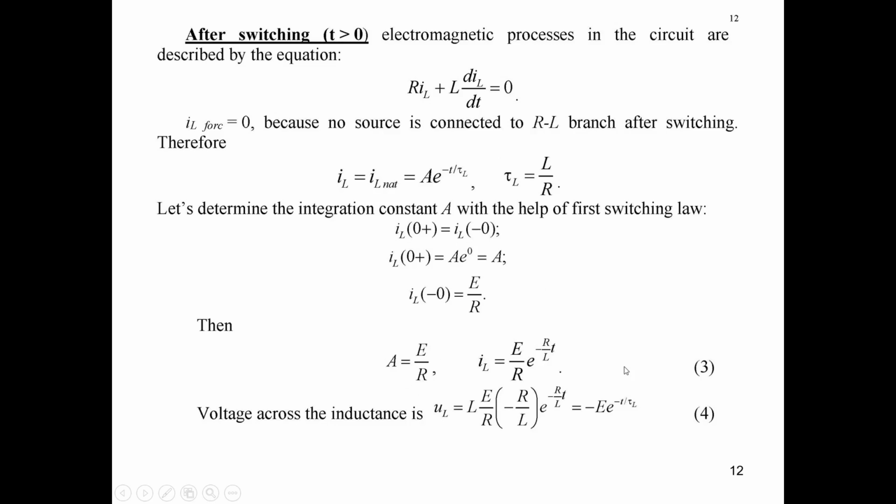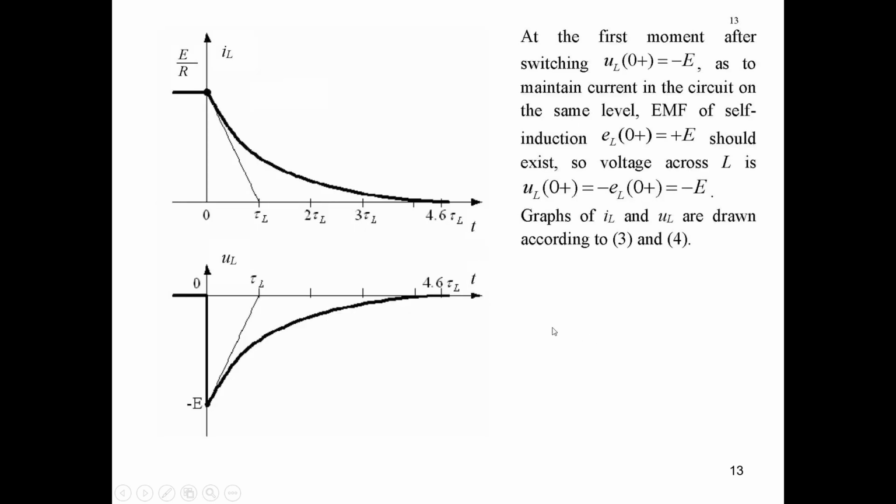The time constant is determined as L over R, and we have IL, current through inductance after commutation. From here we can determine voltage drop across this inductance as L dIL by dt, taking this derivative of this function. Then their graphs are here.